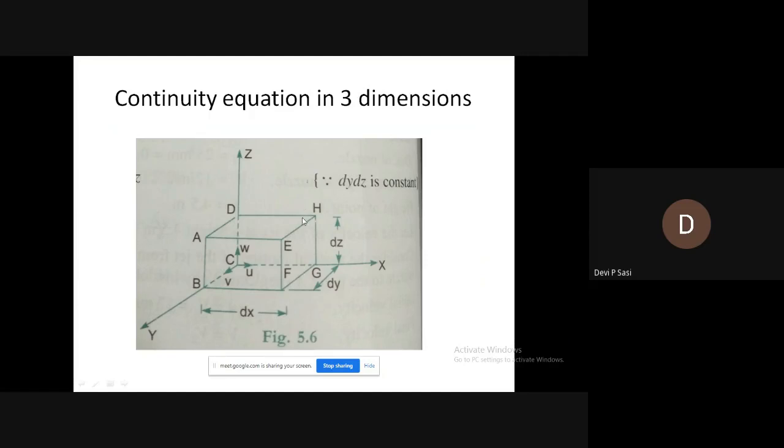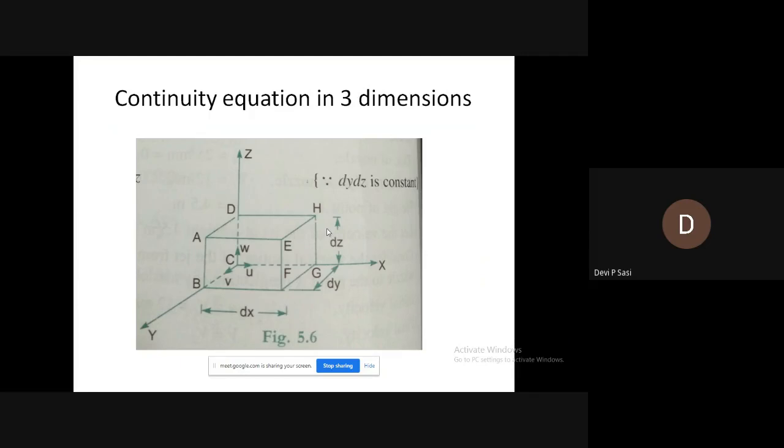The lengths of the fluid element are dx, dy and dz in x, y and z direction respectively.